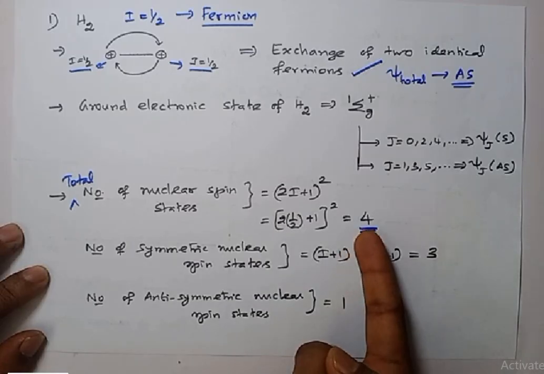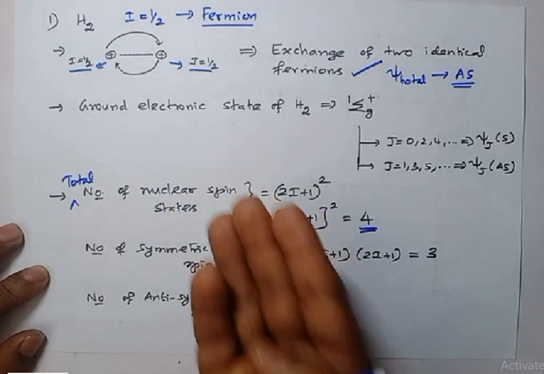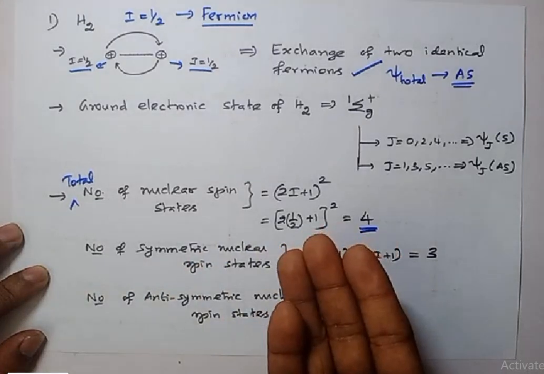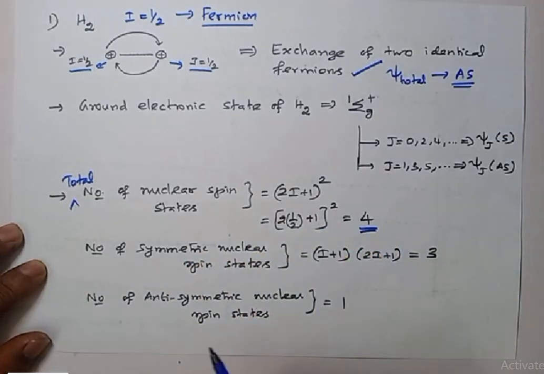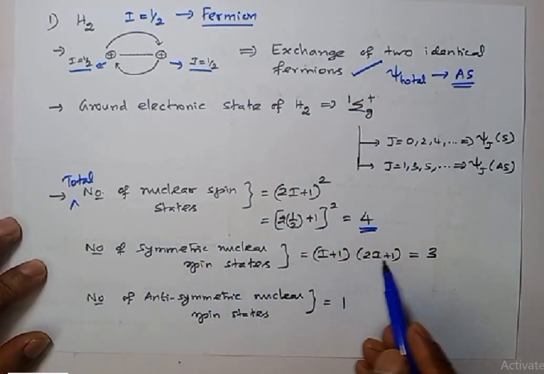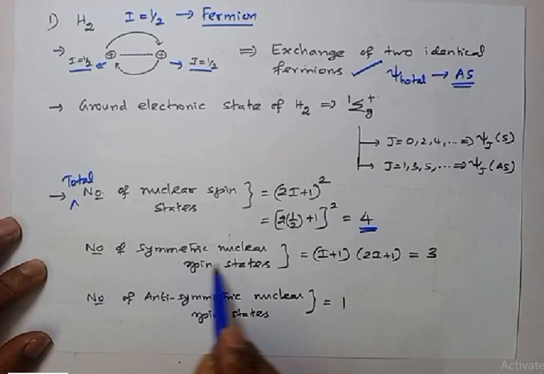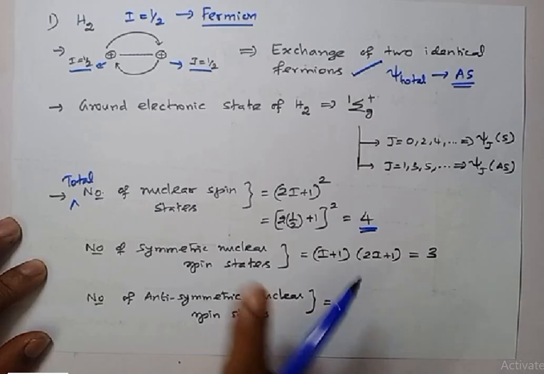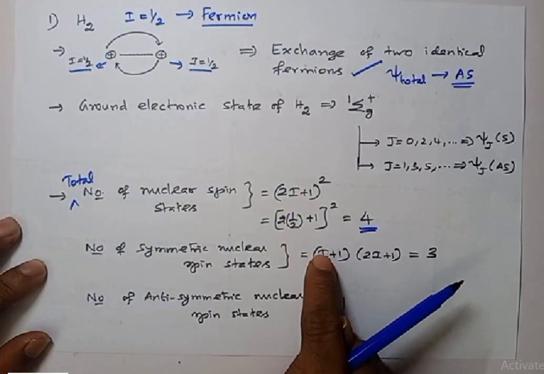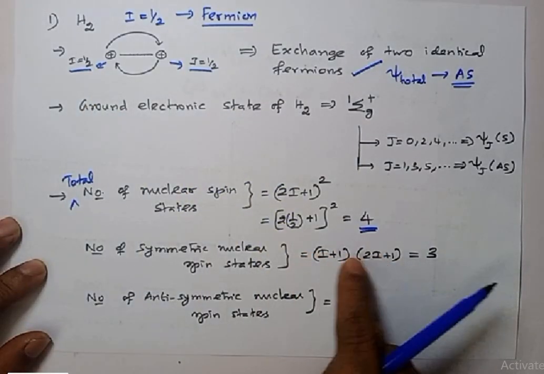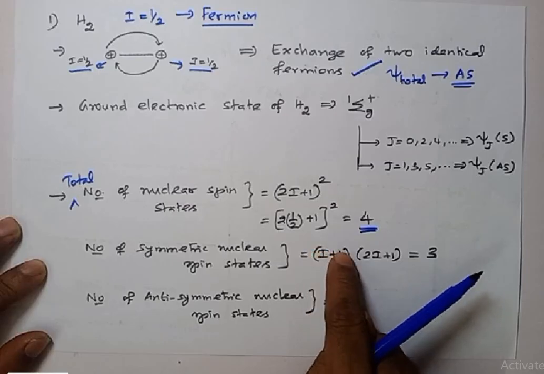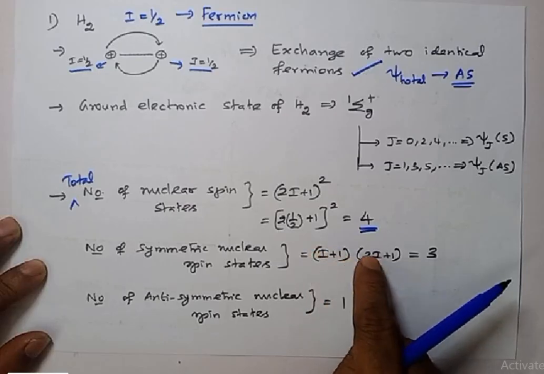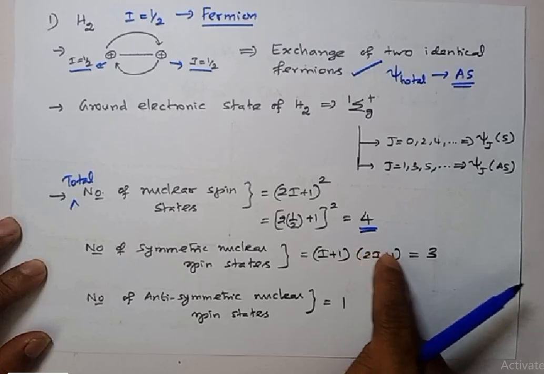Now out of the 4, how many of them are symmetric spin states and how many are antisymmetric spin states? You can calculate this using the shortcut formula. The number of symmetric nuclear spin states is (I+1)(2I+1). The I value is half, so put half here and half here. Half plus 1 is 3 by 2. 2 into half is 1, and 1 plus 1 is 2.